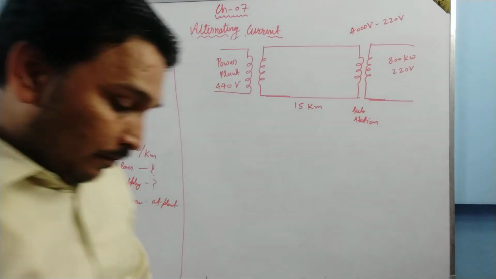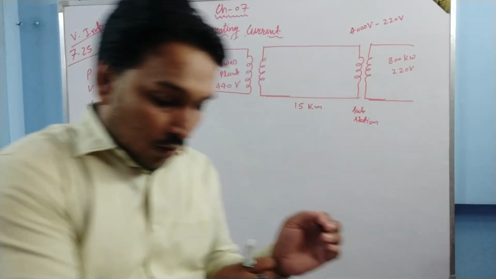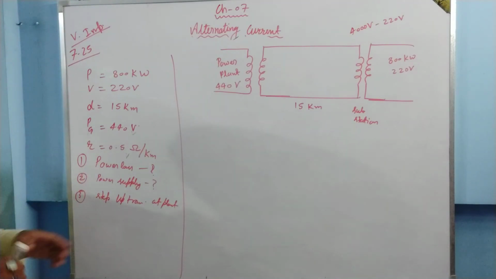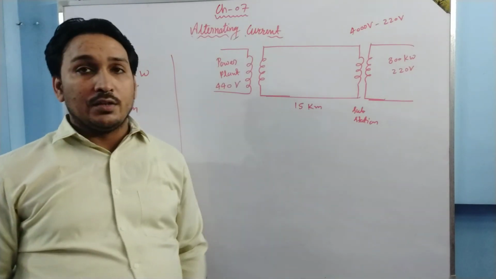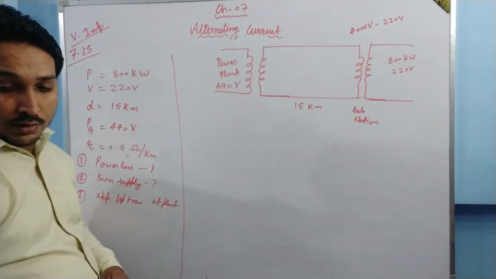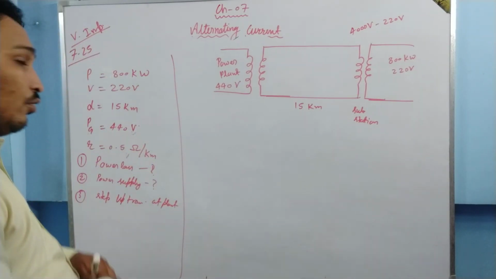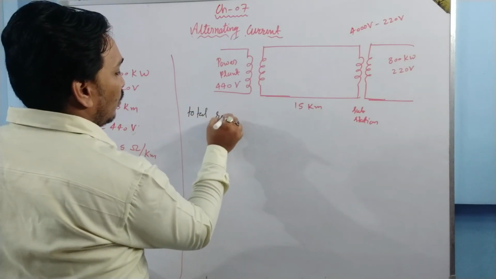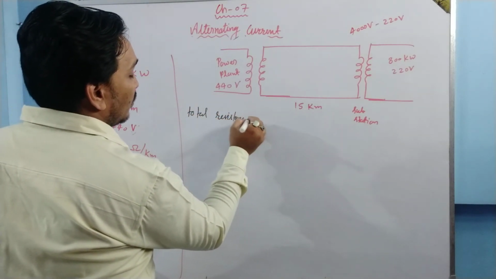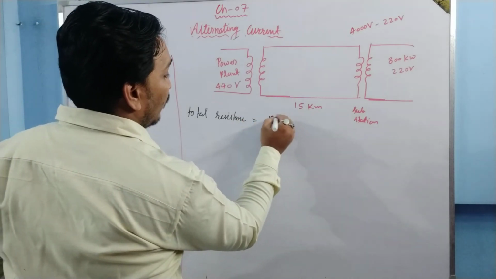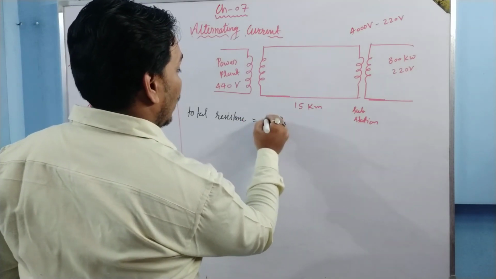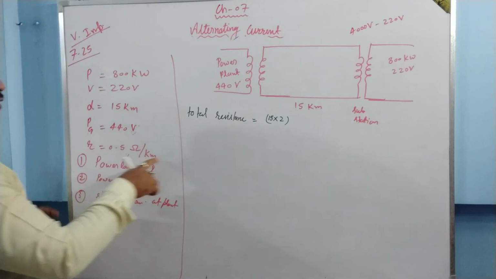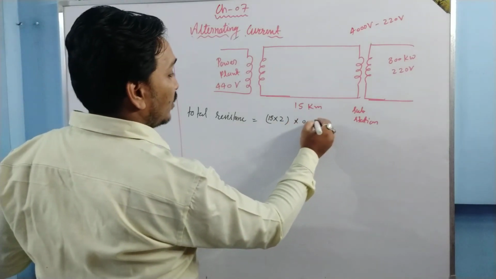First, we need to calculate the power loss in the form of heat. See, there are two line wires and the length of each wire is 15 km. So the total resistance will be 15 multiplied by 2, that is 30 kilometer, multiplied by the resistance per kilometer, 0.5 ohm.